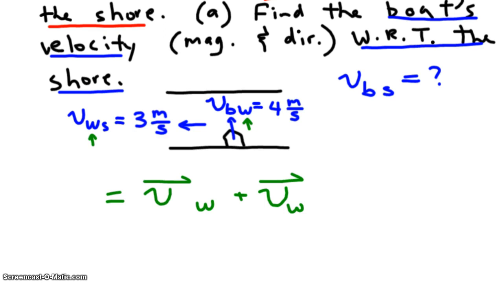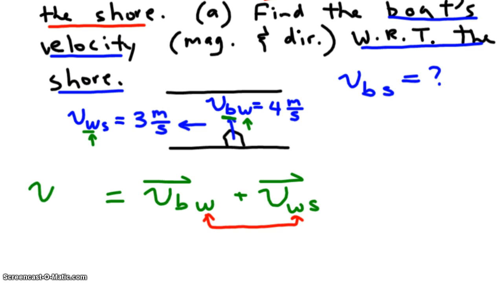Okay then, what's the variable that goes here? It's not that. It's B, the boat with respect to the water. What's the variable that goes here? Well, it's not this one because I just used that variable, so it must be this one, V sub WS. Okay, and we have followed the rule.